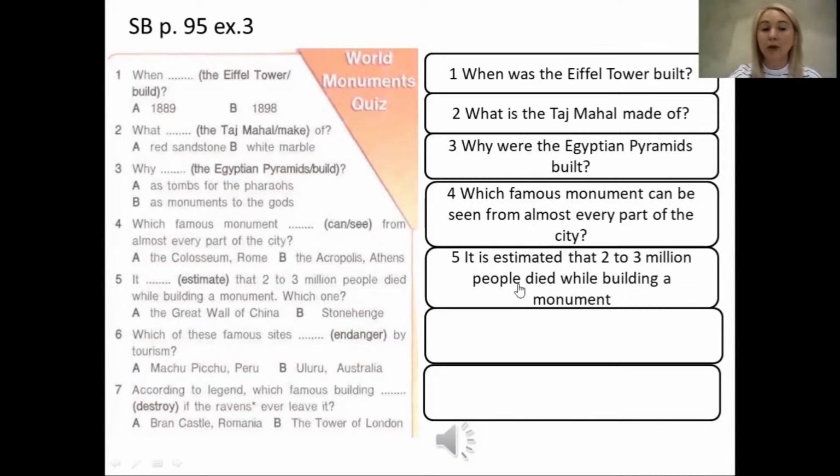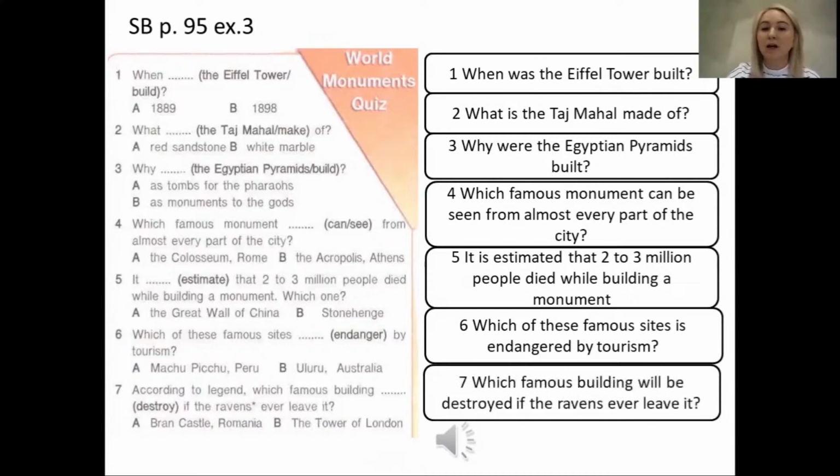Let's do the sixth one. Which of these famous sites is endangered by tourism? And the last one. Which famous building will be destroyed if the ravens ever leave it? Well done.